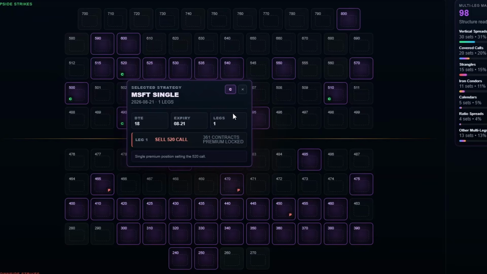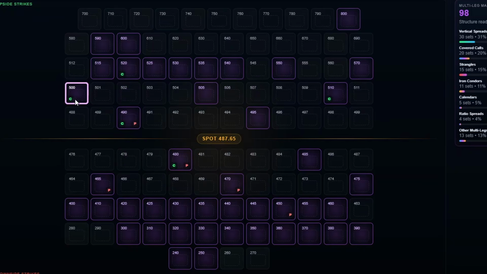They're not really bearish. This trader here just might be thinking that Microsoft has already risen quite a bit in the last few days, that it's going to cool down a little bit, so they decide to sell a covered call to collect some premium. But yeah, let's move on here.